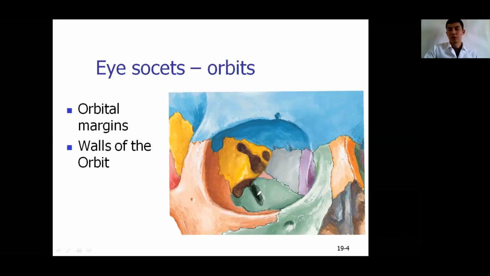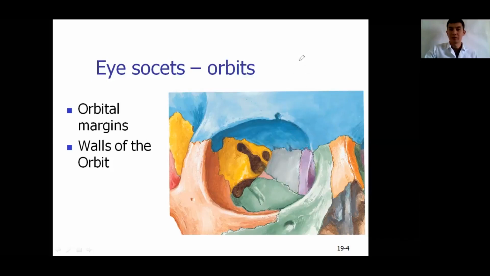On the orbital surface of the maxilla, we can see the infraorbital groove, and 2 openings called posterior and anterior ethmoid foramens, supraorbital notch, infraorbital foramen, and groove for the lacrimal sac that transmits into the nasolacrimal duct.